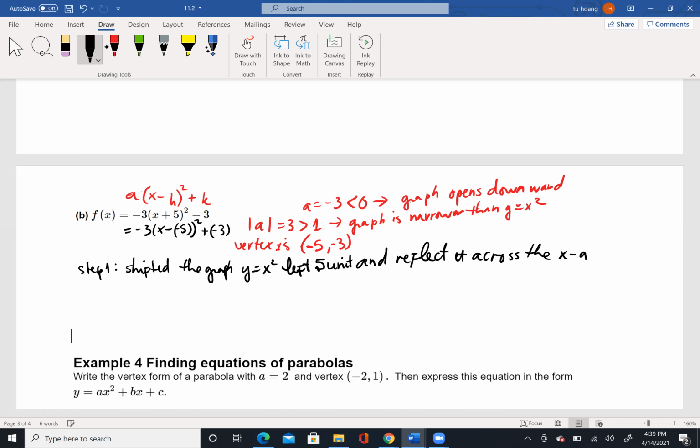Since a is less than 0, you're just going to reflect it across the x-axis. And then shift downward 3 units.